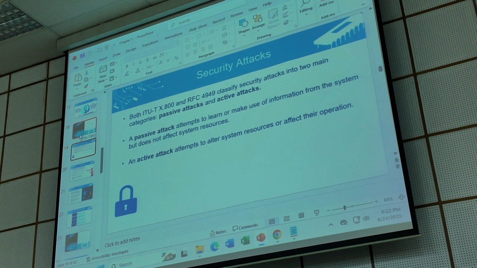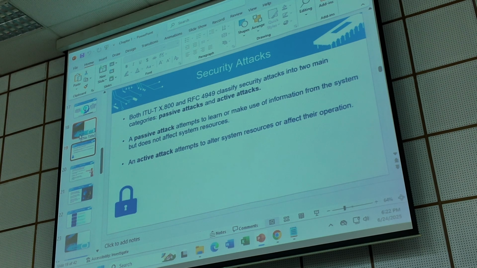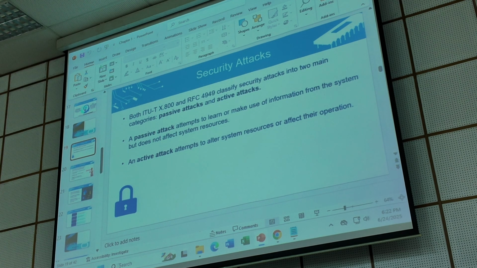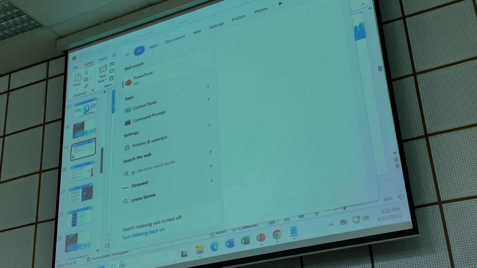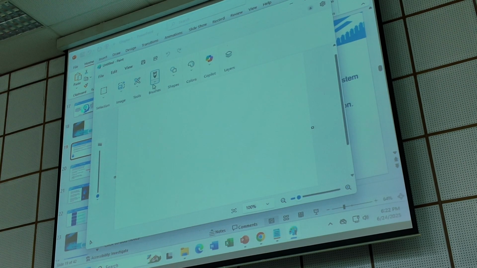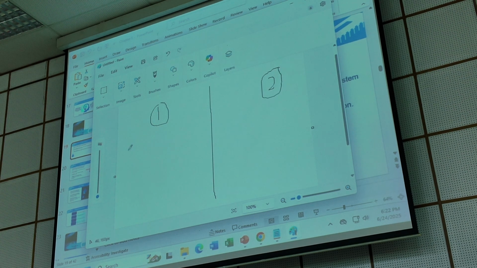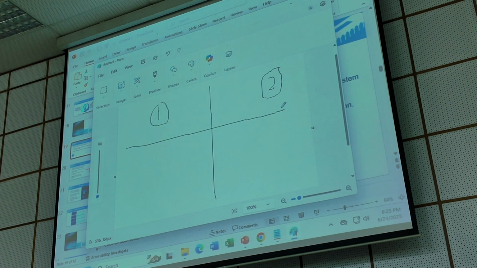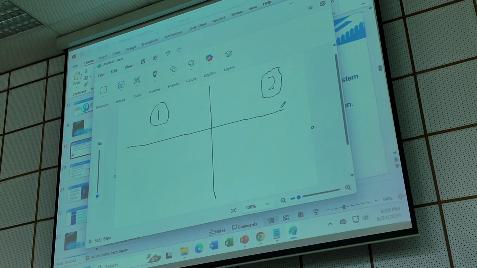So in the standard, attacks are classified into two types. One is active attack and one is passive attack. What is the difference between active attack and passive attack? Okay, I give you two scenarios and you let me know which one is active attack and which one is passive attack.